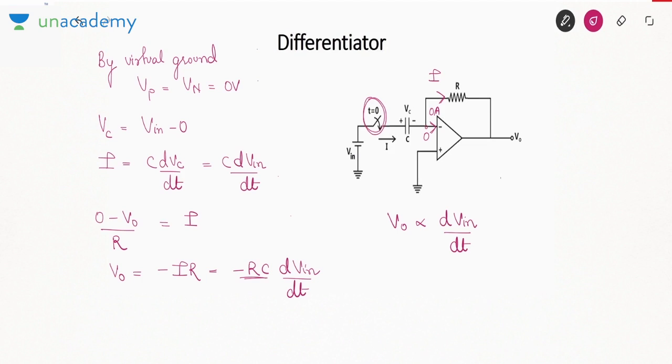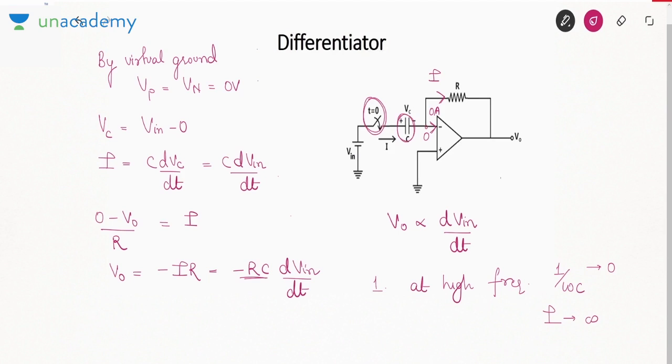Now this circuit has two main disadvantages. What are those disadvantages? The first disadvantage is at high frequency, 1 by omega C will tend to 0. If this impedance becomes almost 0, this current I will tend to infinity.